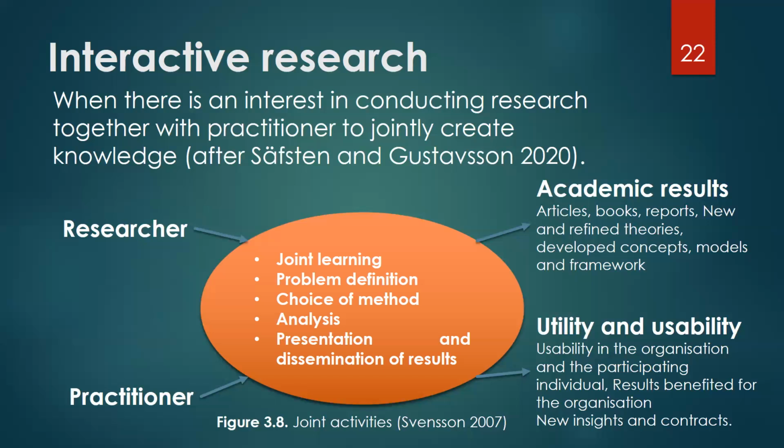What the academic researcher is looking for is articles, books, reports, new and refined theories, developed concepts, models, and frameworks. And the practitioner from the other side, the organization, is looking for usability in the organization and practical individual result benefits for the organization, new insights, and contracts.